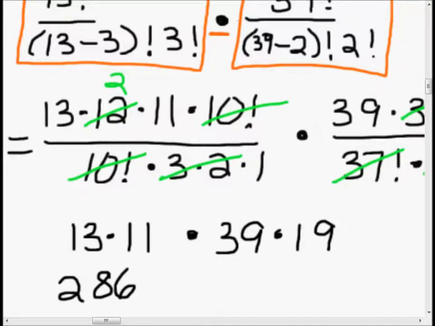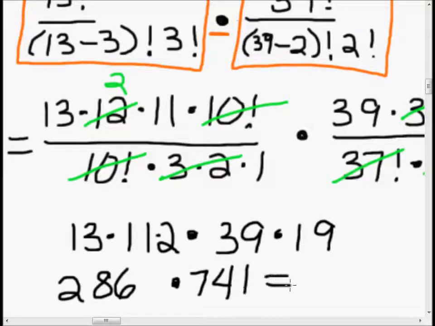I'm actually going to pull up a calculator and confirm. Oh, that's because I forgot a 2 right here, and that's totally right. Times 39 times 19, and I always break my math down. It's better to break your math down rather than jam it all in there and then be wrong.